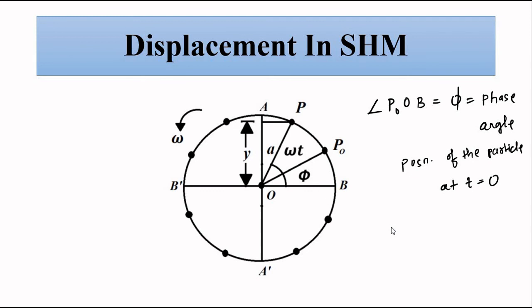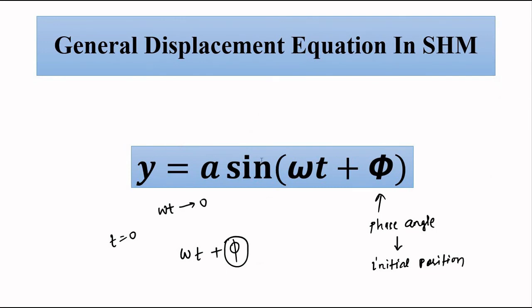Likewise, depending on the position of the particle on this reference circle, the value of phi will change, and that is very important when we consider the simple harmonic motion equation, because the instantaneous displacement of the particle depends on that parameter.